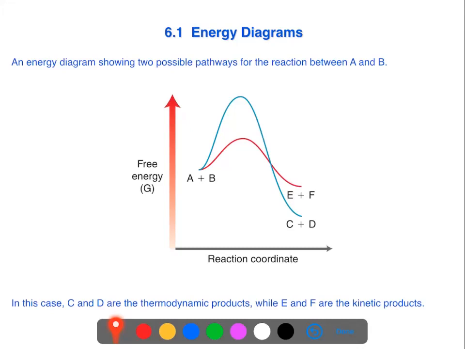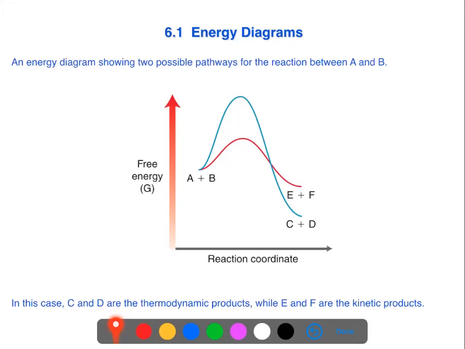But initially, over a shorter period of time, kinetic products may be favored. So that's how we look at the energy diagrams and how we use them to explain the kinetics and thermodynamics of various organic reactions.